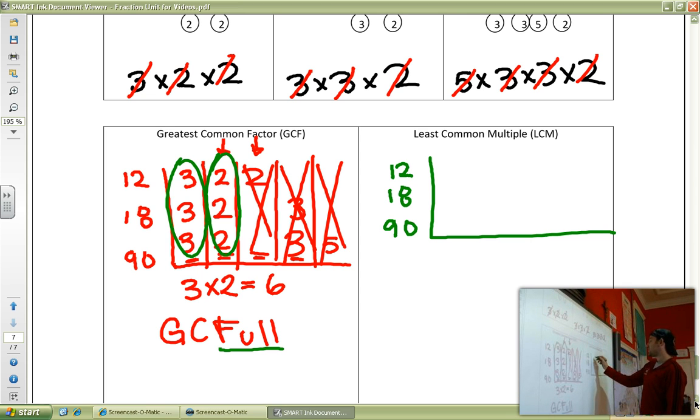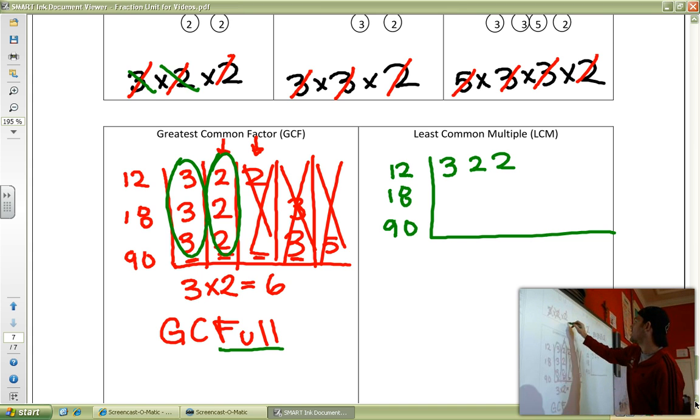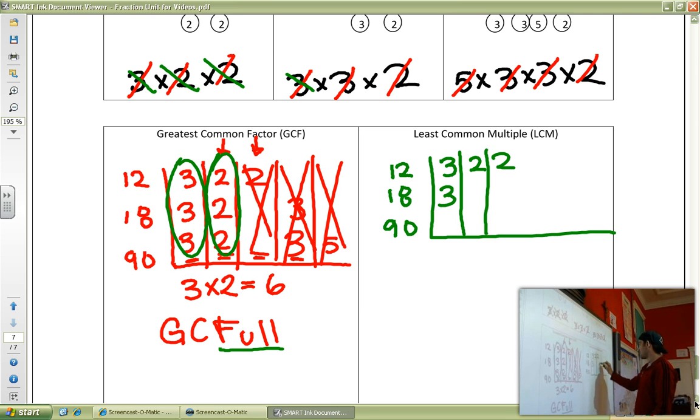12. Well, it was 3, 2, 2. I'm just going to go like that. Okay, with 18, I have a match for 3. And then I don't have a match for this 3, so it goes out on the edge. I have a match for this 2, though, and it goes in there. Remember, you're still using the first available column that's appropriate for that number.